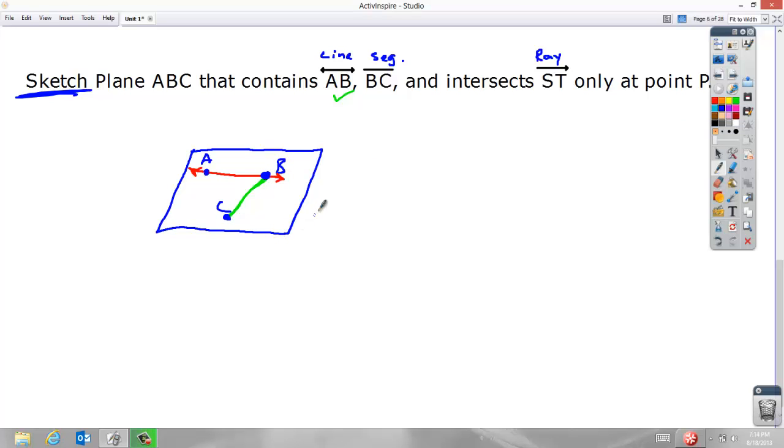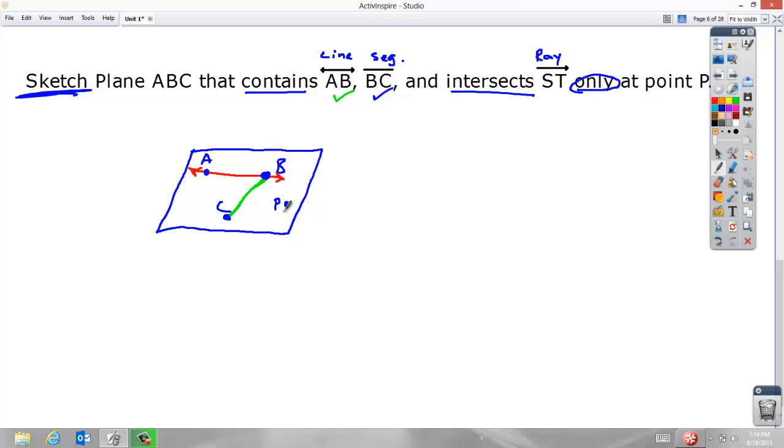Okay, the last thing we're going to draw is definitely the hardest part. We have this plane ABC that contains line AB, contains segment BC, and intersects. Okay, intersects does not mean contains. Here's contains, here's intersect. Intersect only at point P. So we have point P. Let's say that it is right here.